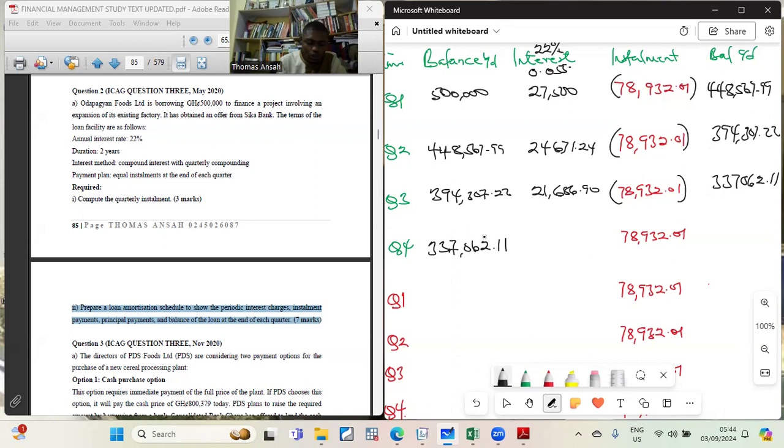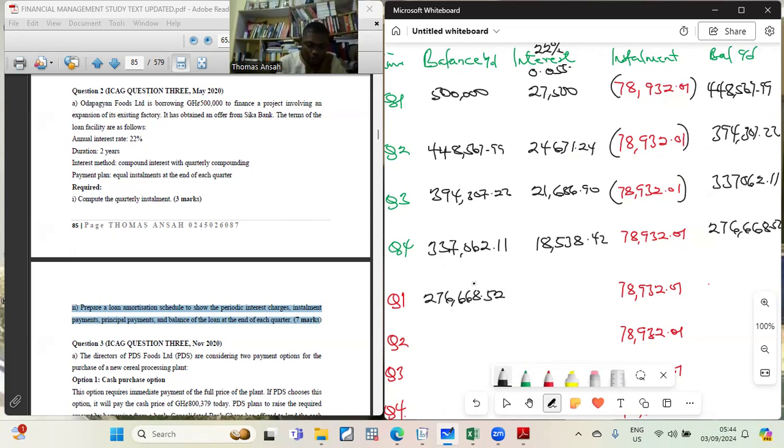I multiply by 0.055 to get my interest, 18,538.42. Take off the periodic payment, 78,932.01, plus 337,062.11. And that gives me 276,668.52.